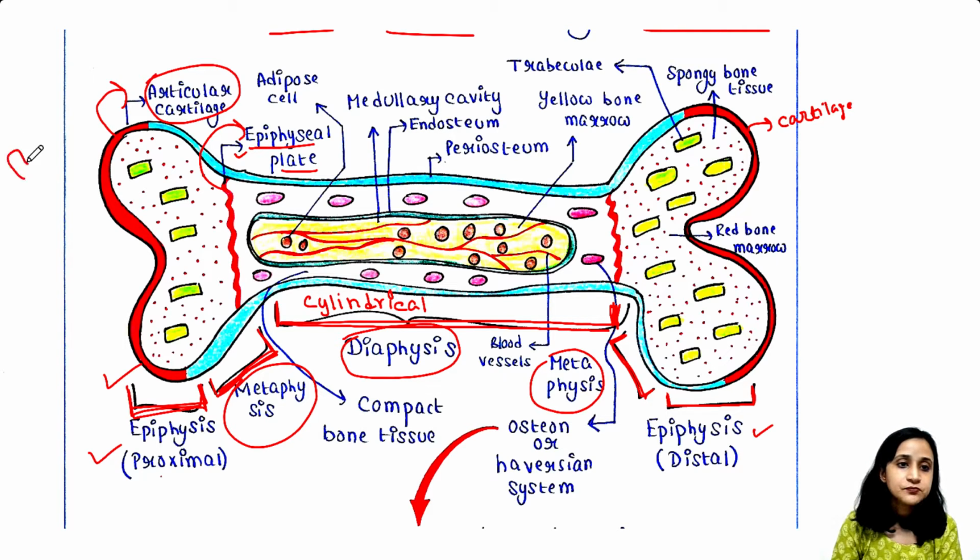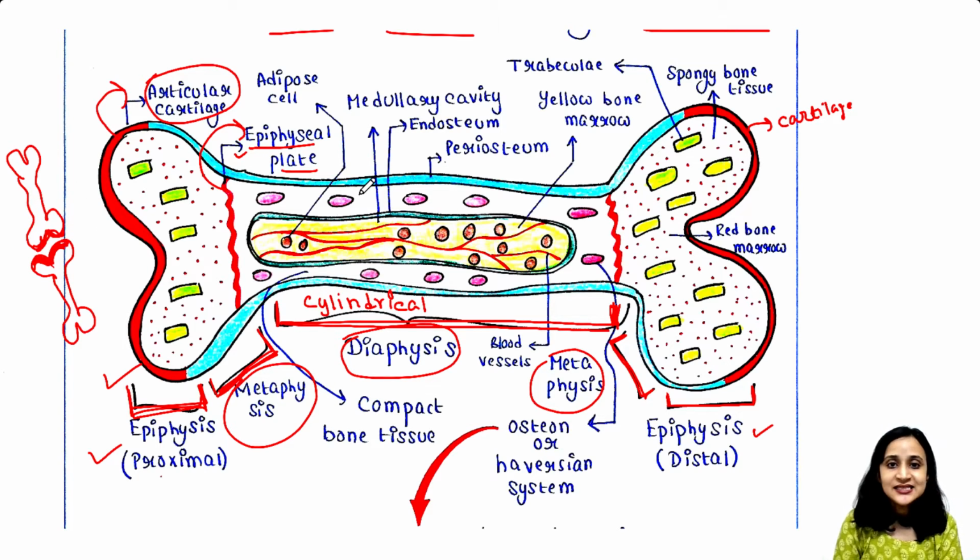Suppose this is one bone and here also one bone is present. In between these two bones, here is the articular cartilage, and this cartilage prevents the friction between these two bones.